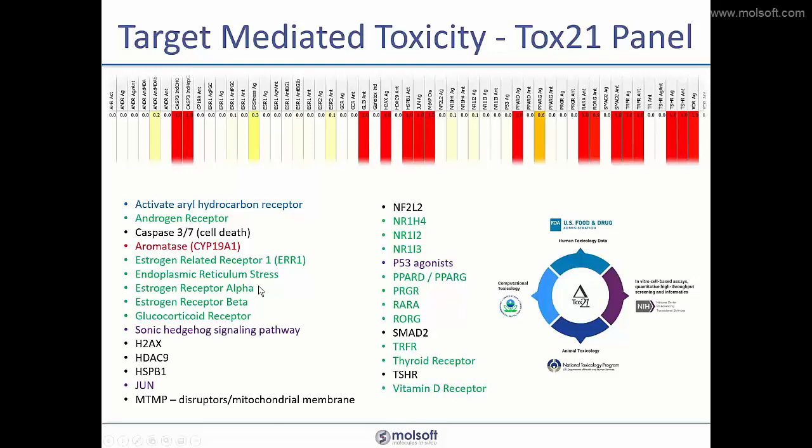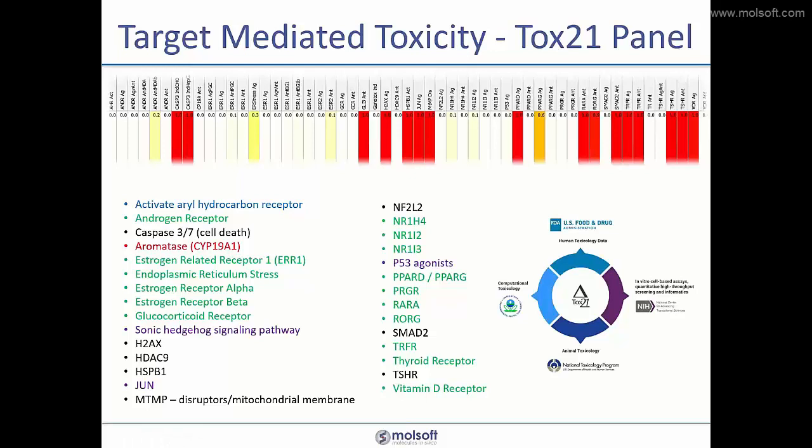There are also chemicals that do not directly interfere with the nuclear receptors, but they may interfere indirectly. For example, anything that might bind to the aromatase, CYP19A1, which is an important enzyme for the biosynthesis of estrogen and plays a key role in maintaining the balance between estrogen and androgen in many estrogen sensitive organs.